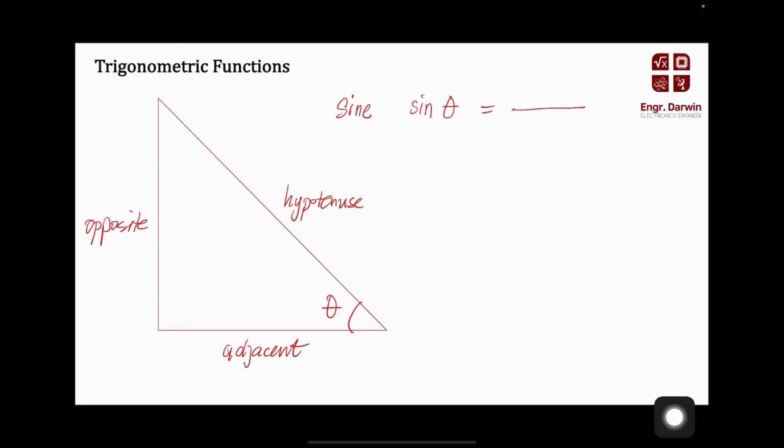So, ang opposite side natin, ito yung sa kabilang side ng triangle, ng reference angle, opposite over hypotenuse.